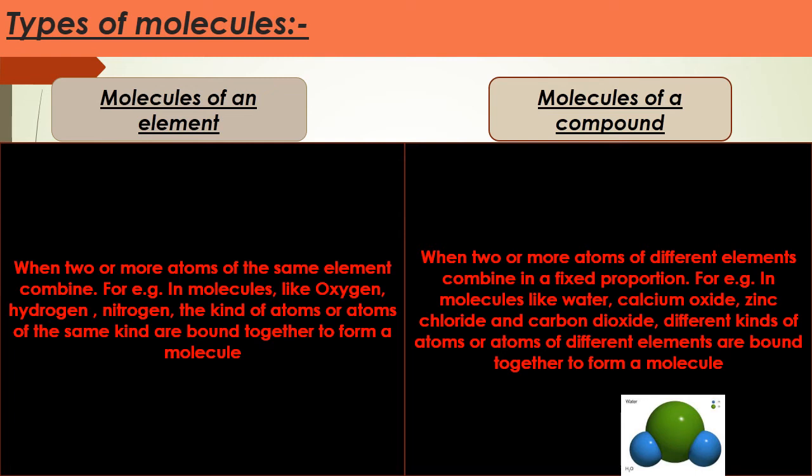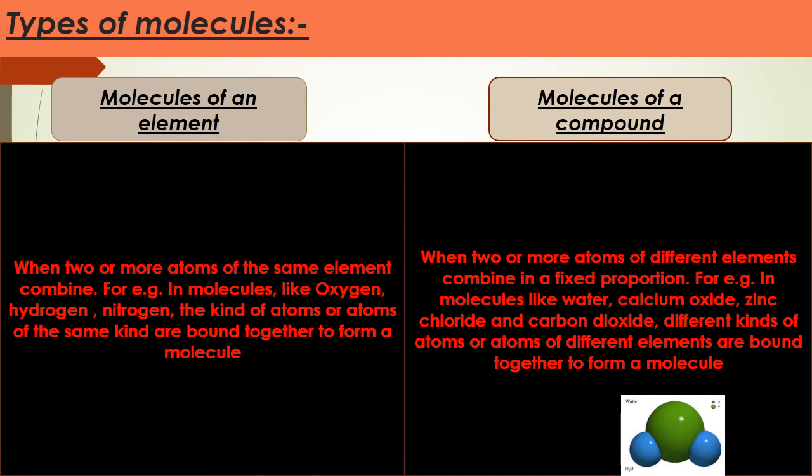For example, in oxygen, two atoms of oxygen combine together to form an oxygen molecule. Another example is hydrogen. In hydrogen also, two atoms of hydrogen combine together to form a hydrogen molecule.